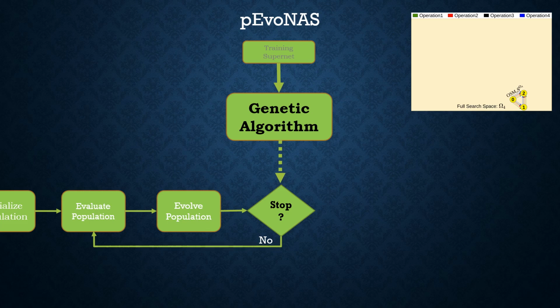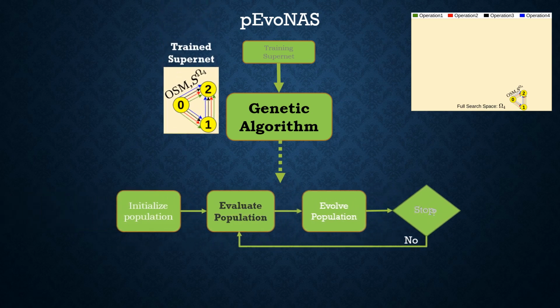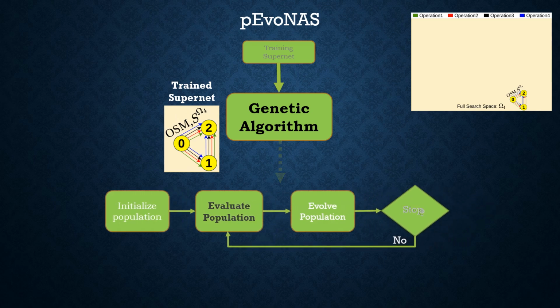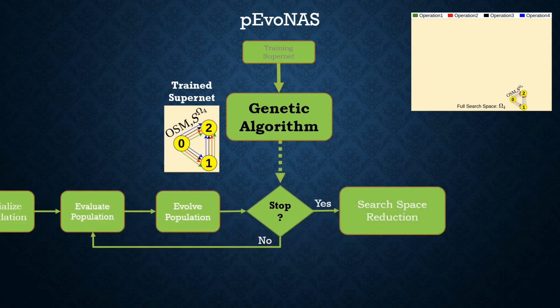Next, we check if the stopping criteria is satisfied or not. If the criteria is not satisfied, then we repeat the process again. If the criteria is satisfied, then we move on to the next part, which is the search space reduction.